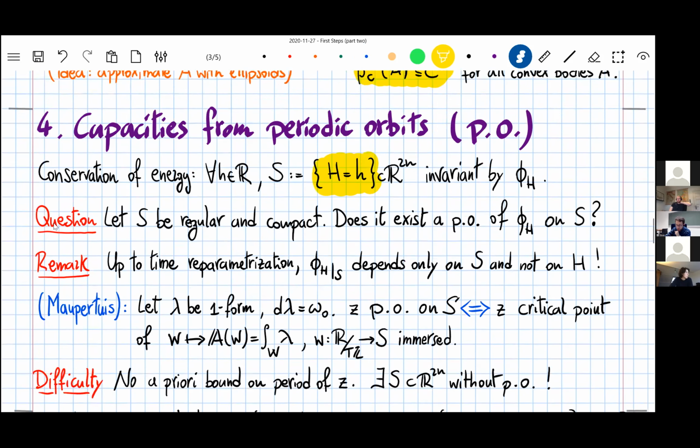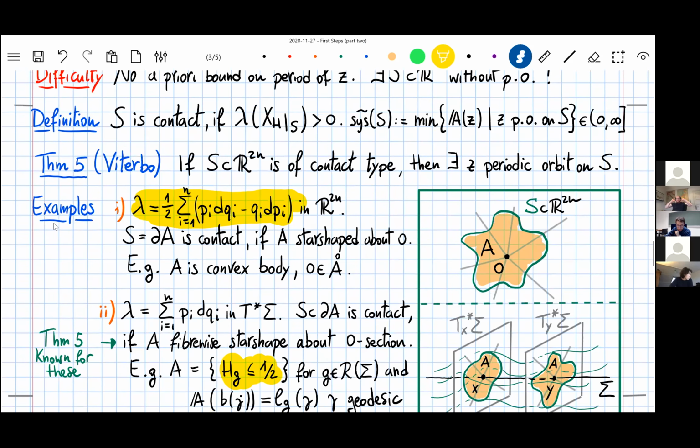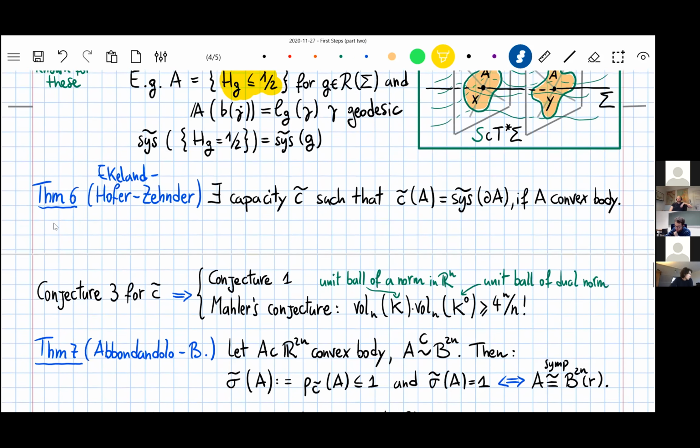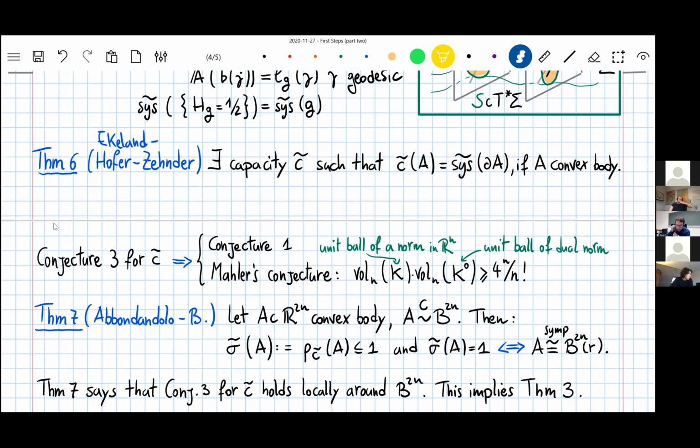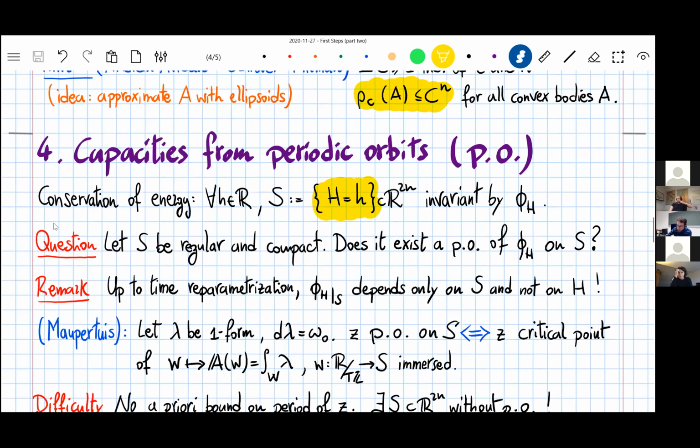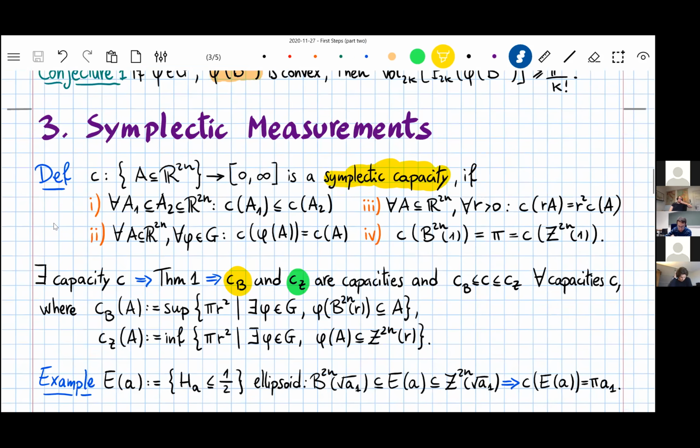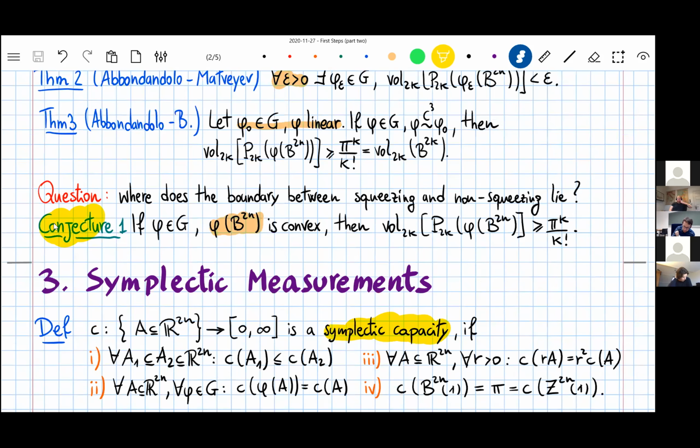If you can establish conjecture 3 for the capacity C tilde, then you're already a happy person, because this implies, first of all, conjecture 1 about the no squeezing in intermediate dimension. So I will go back to conjecture 1 above. Here is conjecture 1, which is saying that you have this middle dimension no squeezing if the image is convex.